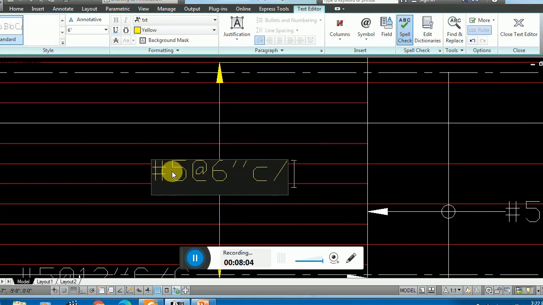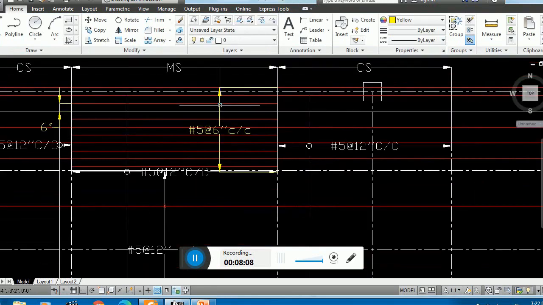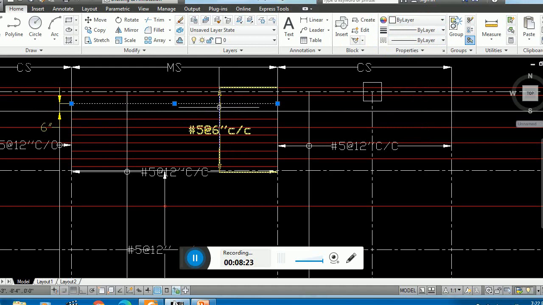Now remember, here you have to select one bar, and here you have to enter circle. Here you have to enter 1 inch diameter, and this bar should be colored, let's say we will use by layer.